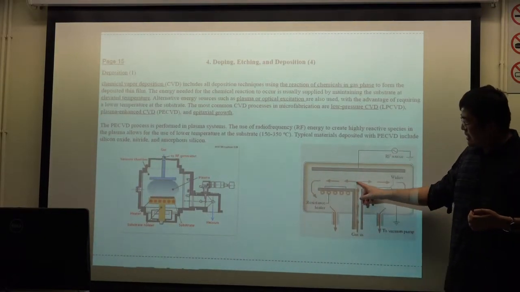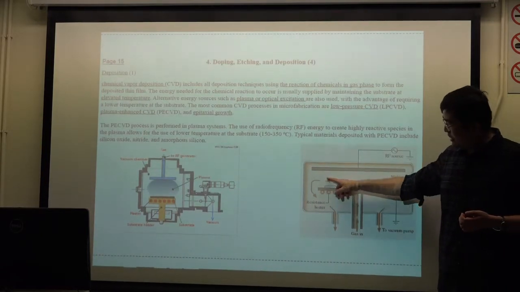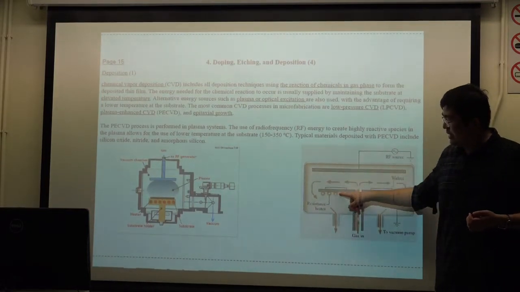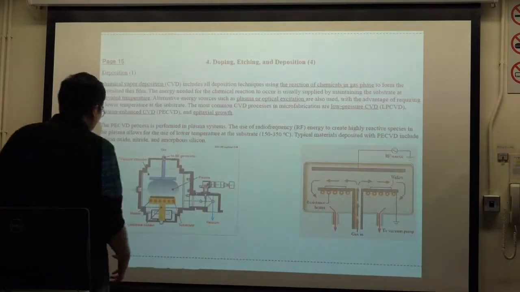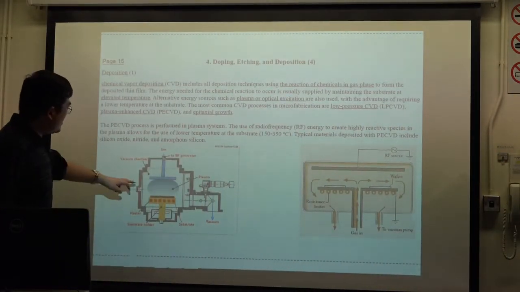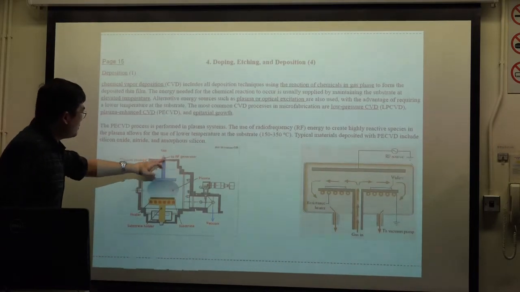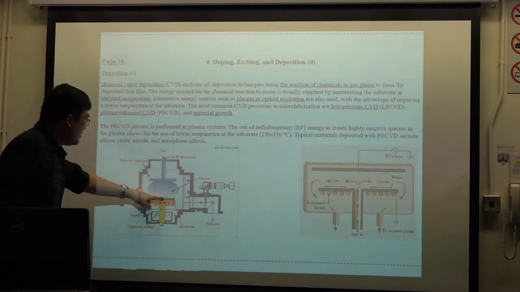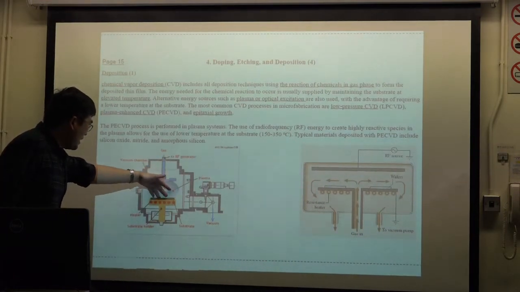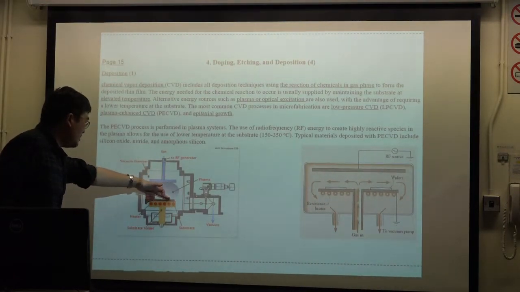From the gas, they then deposit on the wafer. This can be heated up. This is also another piece of equipment. There's a vacuum chamber with the RF source, and the gas comes from here, then they have some plasma interaction and deposit around it.